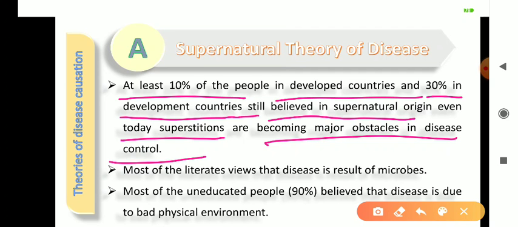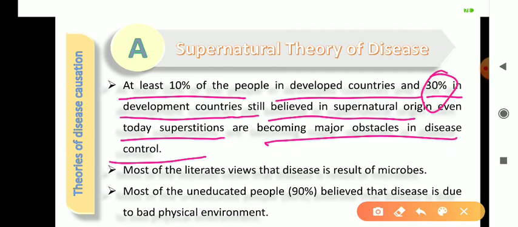Nowadays also, 10% of people in developed countries believe in the supernatural origin of disease. If somebody is getting sick, they think that because of some bad spirits or energy or angry spirits, the disease has taken place. Okay, and 30% in the developing countries also.